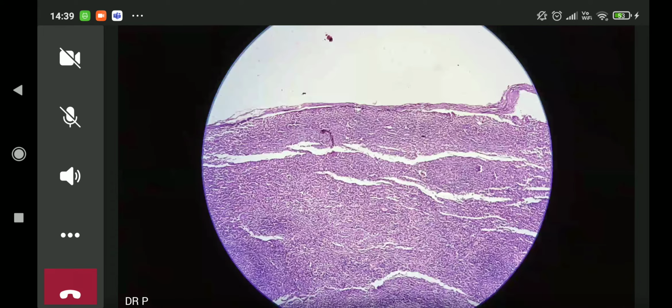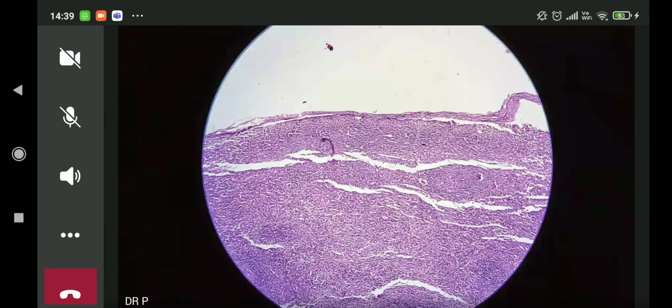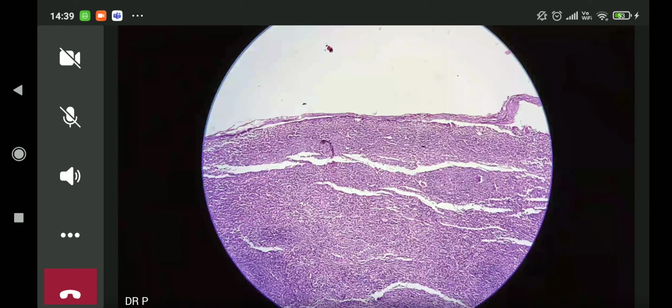Anyway, I think you can appreciate the fact that there are a number of lymphoid follicles over here, okay? So it is clear that there is an organ that has a fibrous capsule and it has varying sized lymphoid follicles, okay?